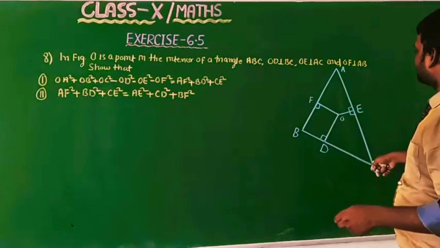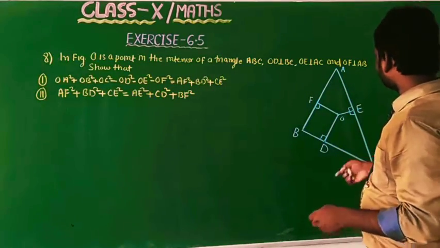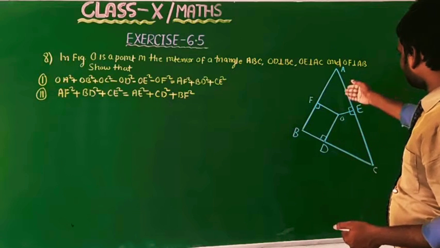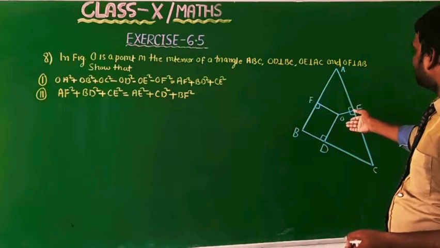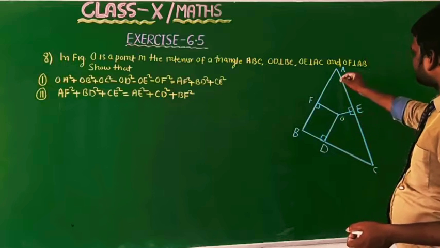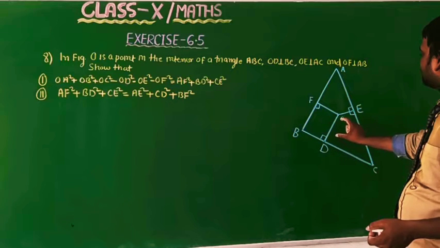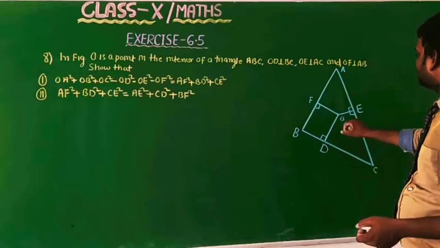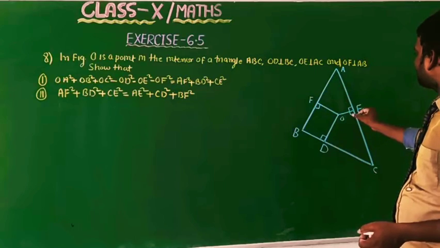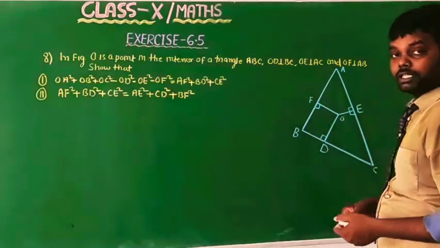And alongside is given the figure, this is triangle ABC, and we have given some more figure. Here OD is perpendicular on BC, OF is perpendicular on AB and OE is perpendicular on AC.